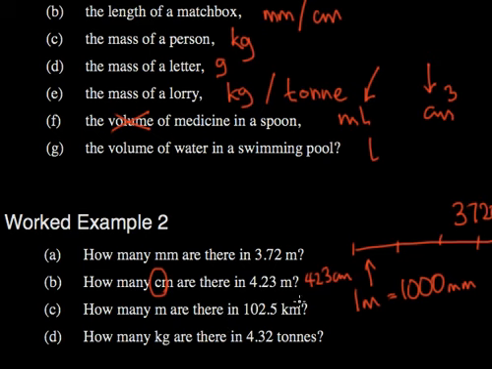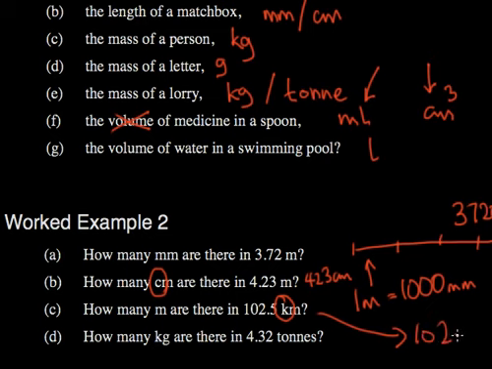How many meters are there in 102.5 kilometers? Would you have more or fewer meters than kilometers? You'd have more meters. How many more? This amount, which is 1,000. So you'd have to multiply this by 1,000 to get the number of meters. So if we multiplied that by 1,000, the decimal point would jump.